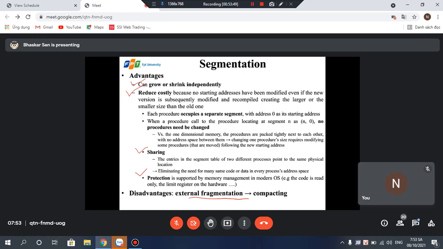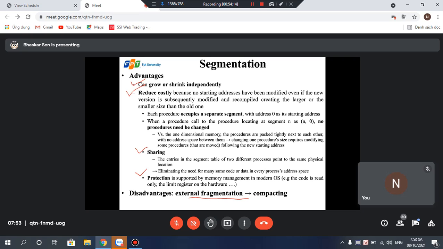So what are the advantages? Four key advantages. Number 1, it is now less expensive. With address 0 as its starting address, when a procedure calls a procedure located at segment N at N0, no procedure needs to be changed. So, easy maintenance.